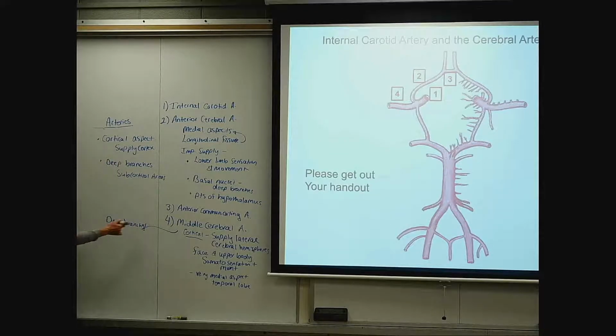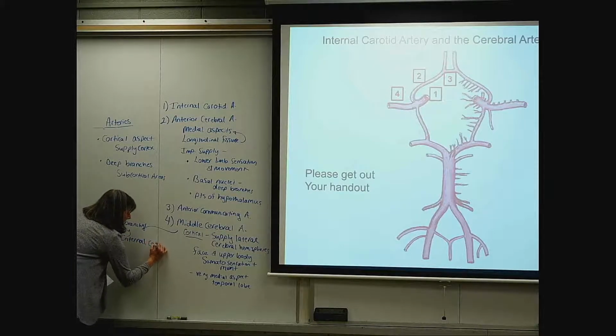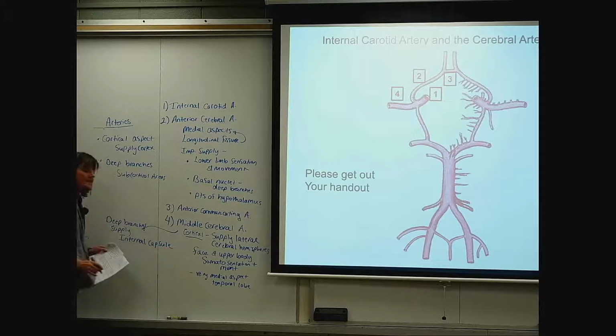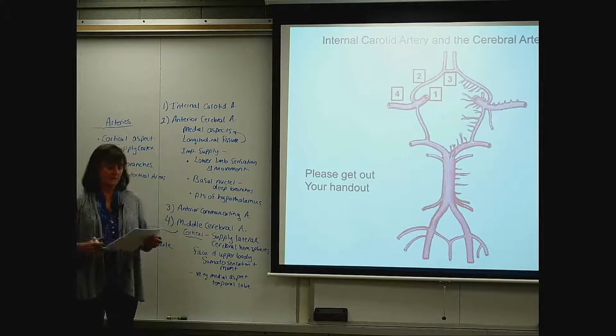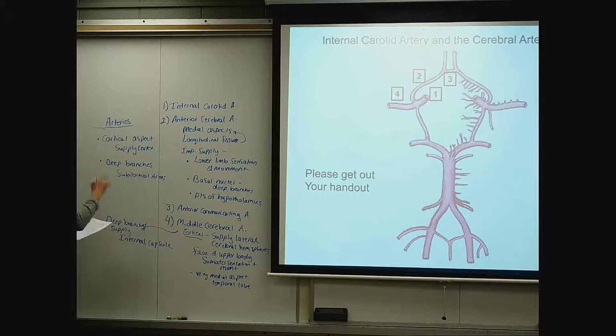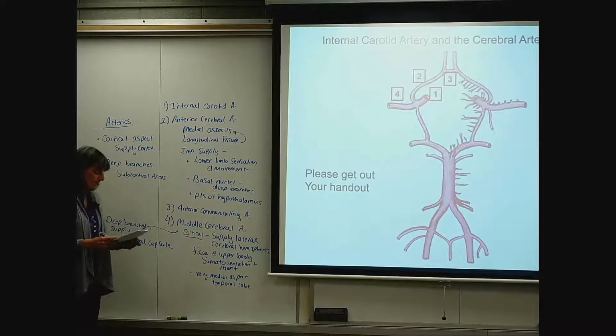So these deep branches of the middle cerebral artery are going to supply parts of the internal capsule. And the internal capsule is a massive white matter structure, so it's full of axons that are carrying information all over the place. You'll learn more about it later.